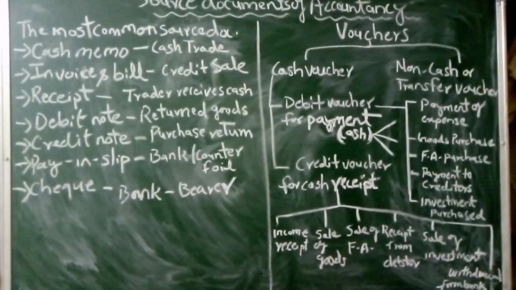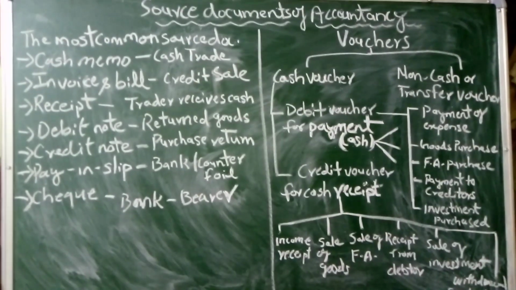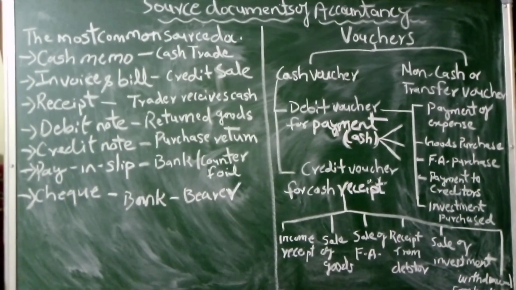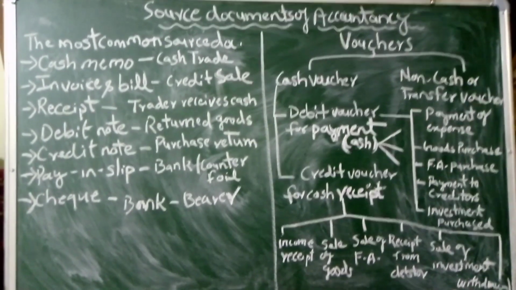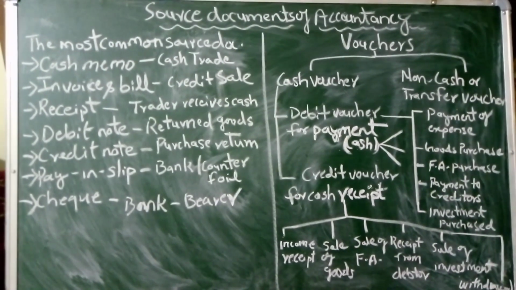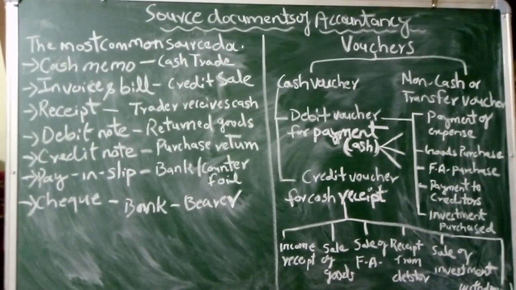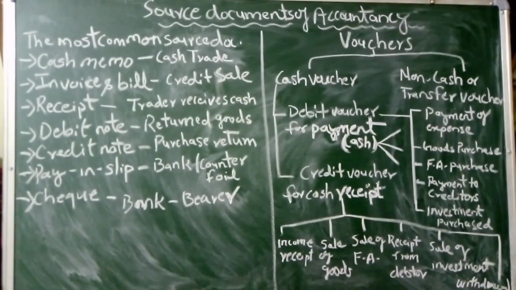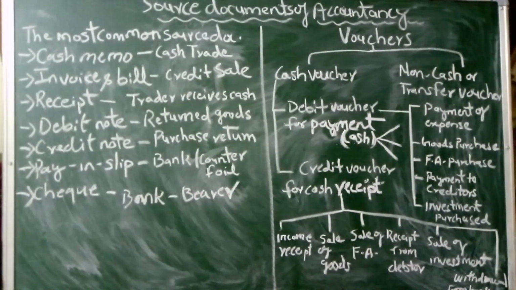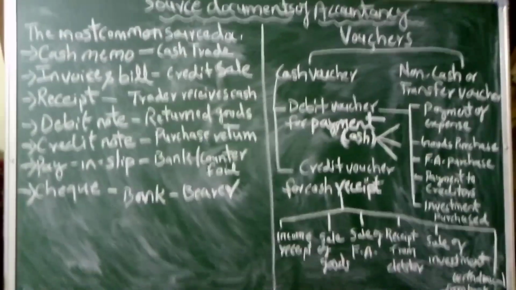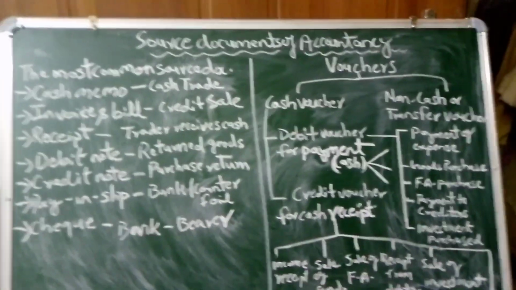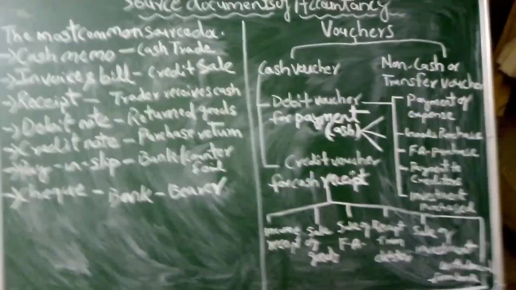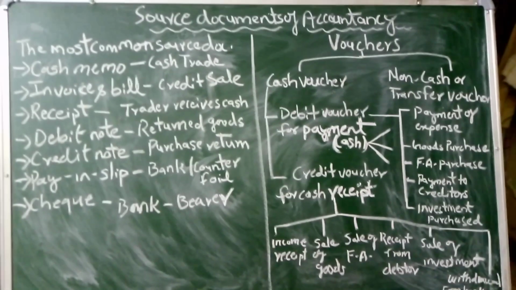Then check. A check is a standing order where you issue a check in the name of a bearer. Whosoever's name is mentioned in the check, the bank is liable to make the payment, or vice versa. It is one for payment, another for receipt. Then on the right side, as you can see, vouchers. Vouchers are also an important part belonging to this group.